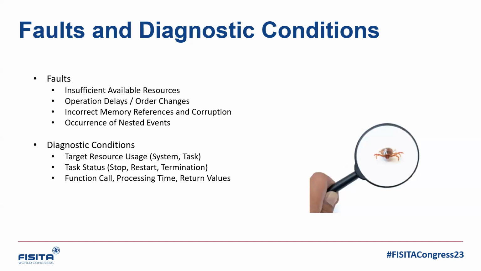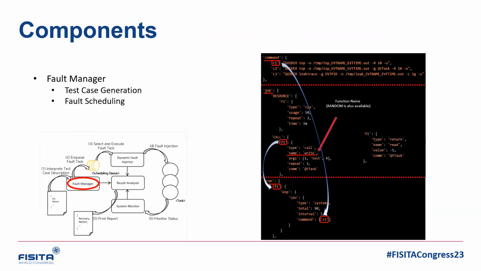Additionally, it can monitor the states of specific tasks such as stopping, restarting, or terminating. Moreover, it can track specific function calls, processing time delays, and abnormal return values for further evaluation. From the next chapter onwards, I will introduce each component of the fault injector and its uses.